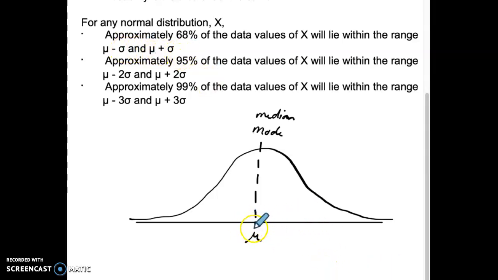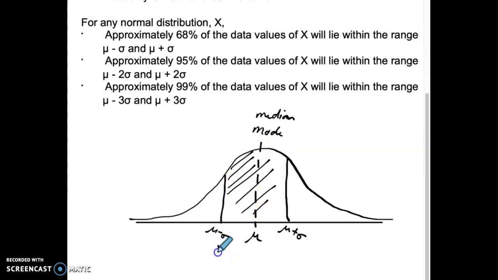What that means is that if we took our mean and subtracted a standard deviation, so mu minus sigma, and then took our mean and added a standard deviation, so mu plus sigma, the data that lies under this curve here, all of this, would be 68% of the data.